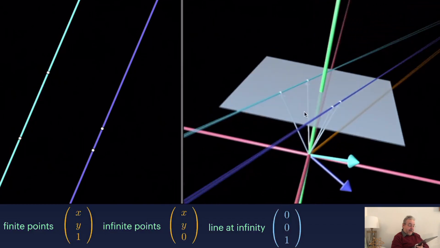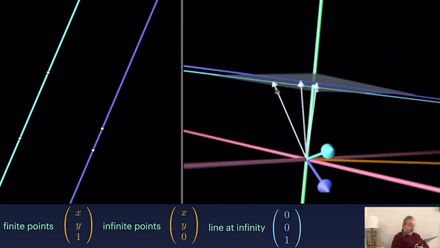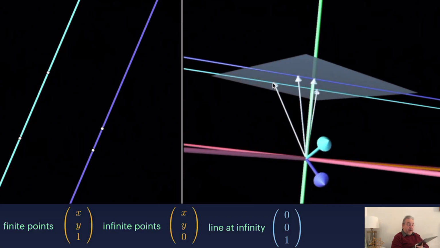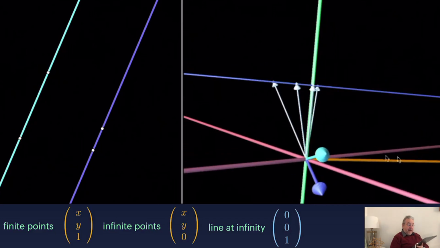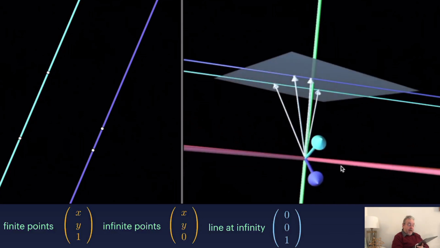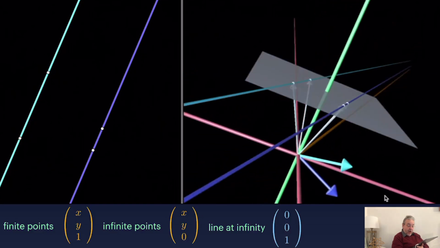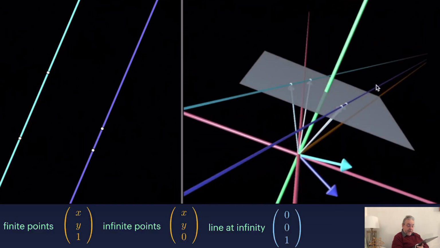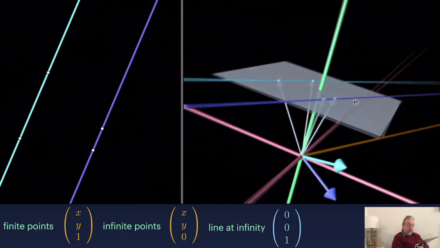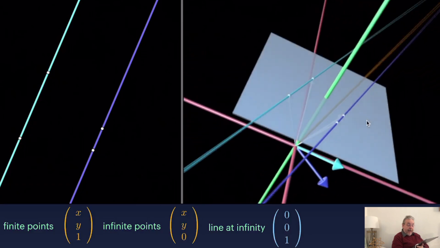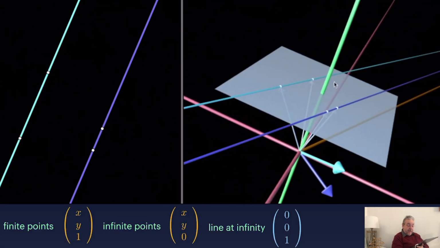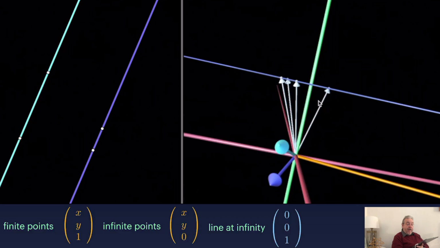Now let me try to adjust it in a way that it really closely matches the infinite situation. There you see our point lies almost, so you see the orange vector here, and this orange vector lies almost in the xy plane, telling you that it intersects these two lines very, very far out.